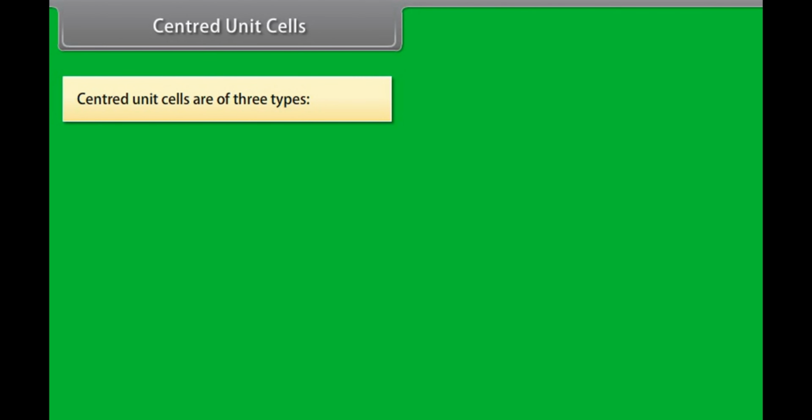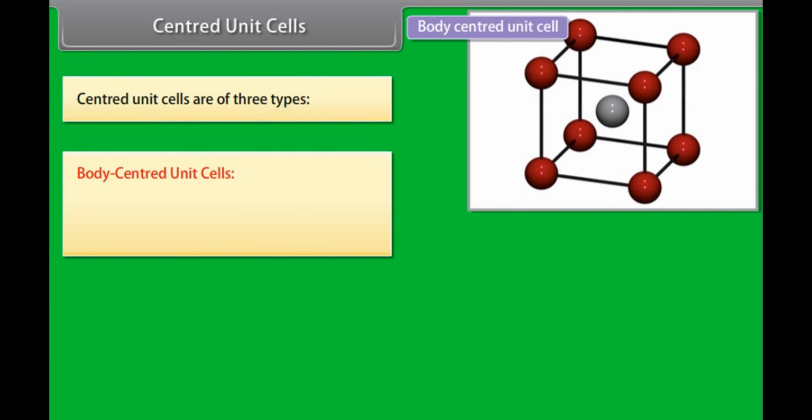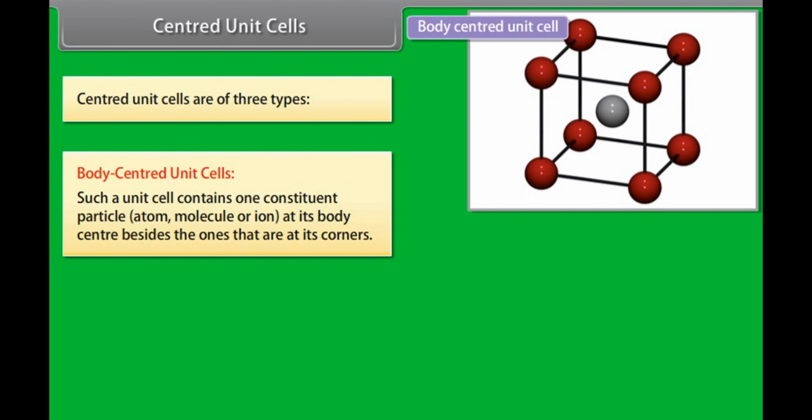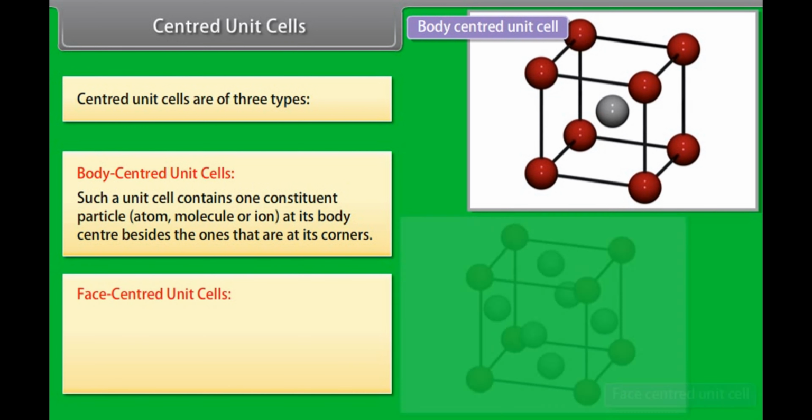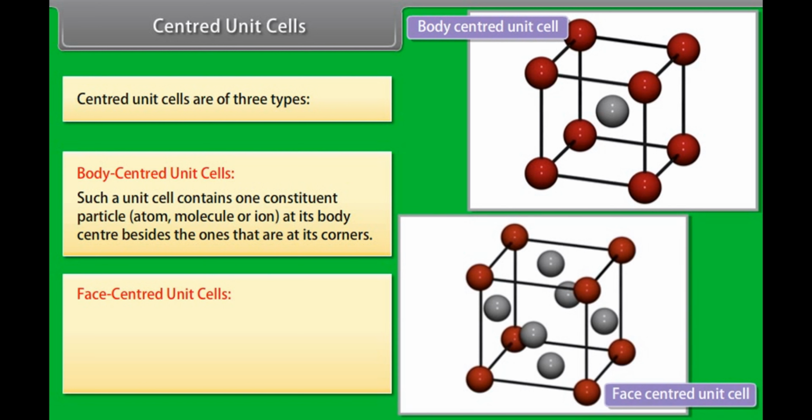Centered unit cells are of 3 types. 1. Body-centered unit cells. Such a unit cell contains one constituent particle, atom, molecule, or ion, at its body center besides the ones that are at its corners. 2. Face-centered unit cells.